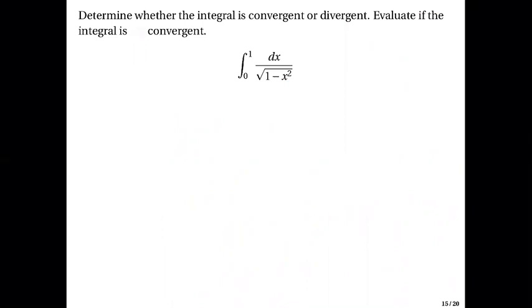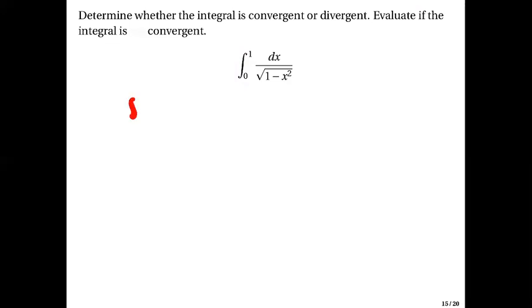This is an improper integral because you see here from 0 to 1, but at 1, when you replace that here, you'll have 1 minus 1 on the denominator and it becomes 0. So the function 1 over square root of 1 minus x squared is discontinuous at x equals 1. So this is an improper integral.